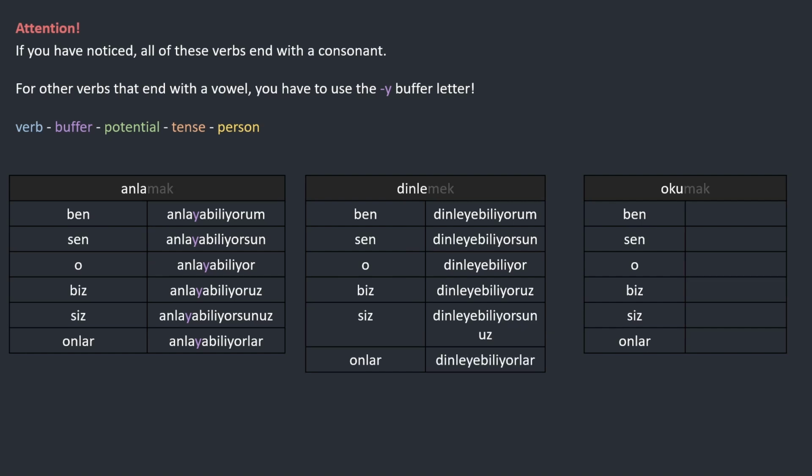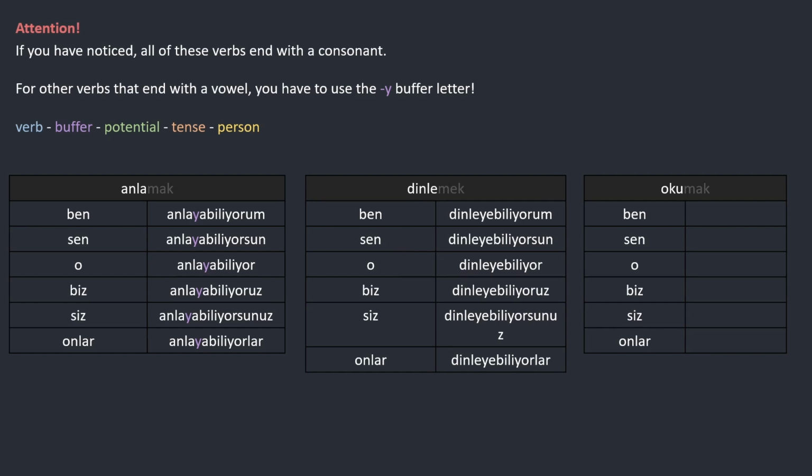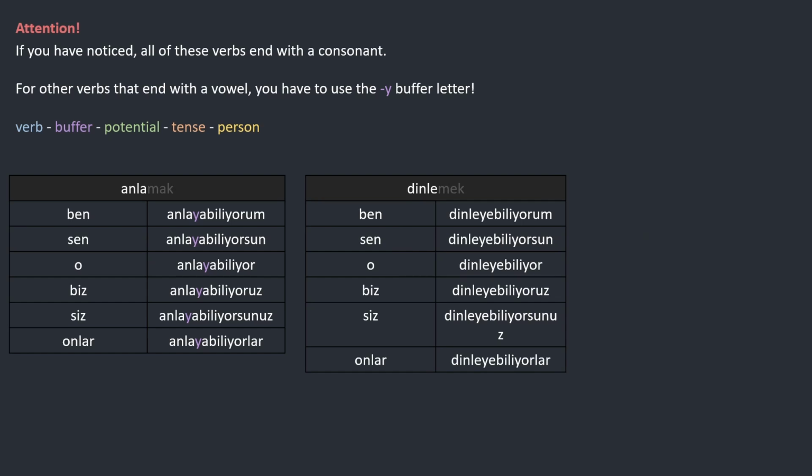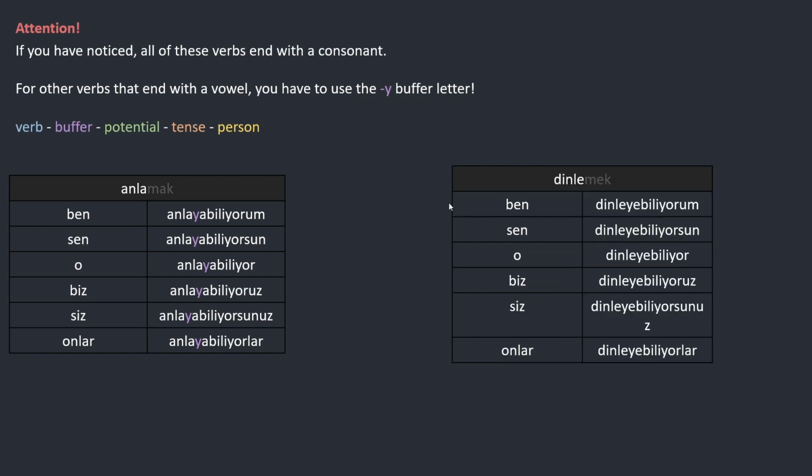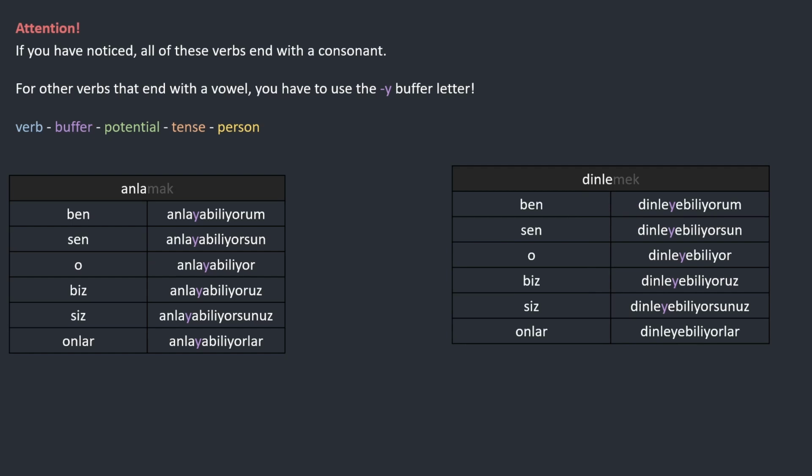Dinleyebiliyorlar. Actually, let's keep this for later. Just have our two examples. Anlamak, dinlemek. You just need to insert the buffer. So while you are doing the conjugation, this applies to other conjugations, by the way. Always check the last letter, because conjugation changes if it ends with a vowel or with a consonant.